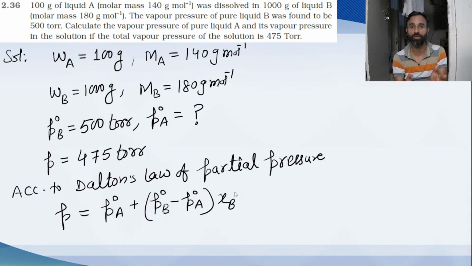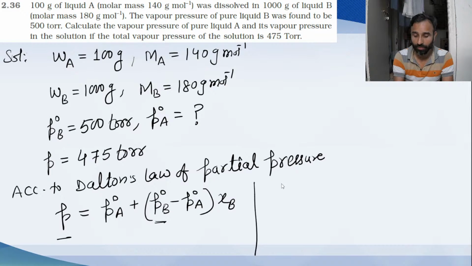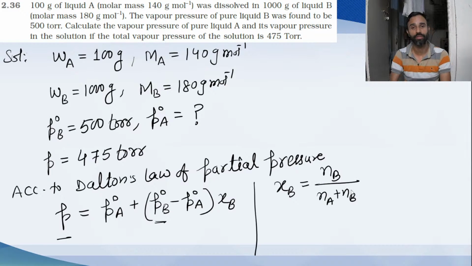What else is given we have to know. So P naught B is given. P is given, but XB we have to know. So to calculate XB, just go like the previous one. XB equal to NB upon NA plus NB, right?